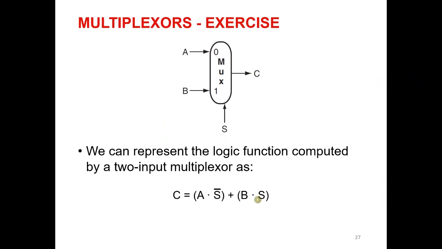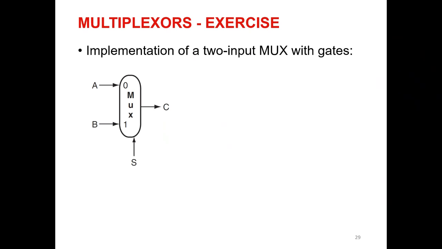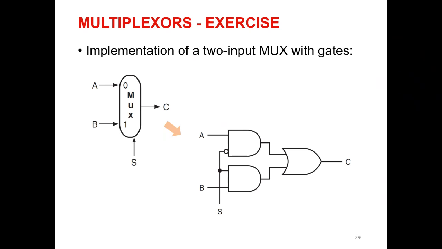Okay, and now that we have seen the truth table and the Boolean algebra representation, what will be the implementation of the previous equation with gates? In this case, we have two AND and one OR.